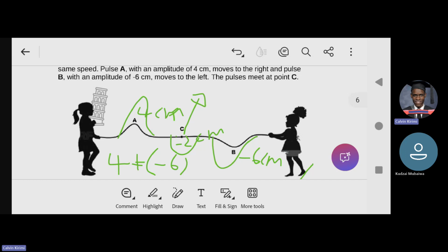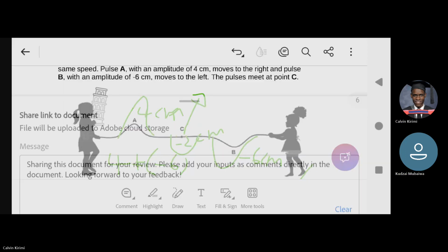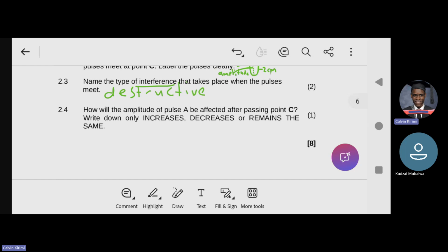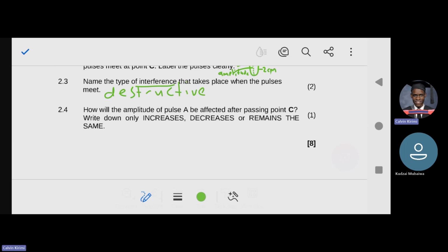So after passing C, does it remain 4 centimeters or does it decrease? It's only at C where there is destructive interference. Then each pulse continues moving in its direction with the same amplitude. So after the destructive interference, pulse A will still have the same amplitude. So the answer is remains the same.